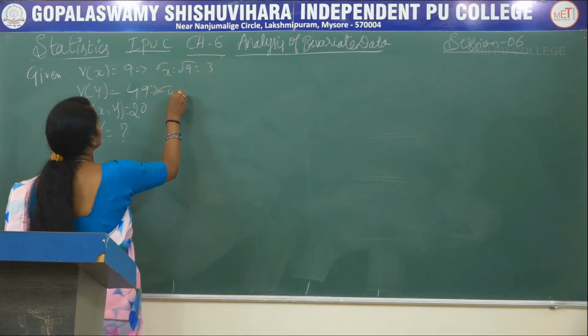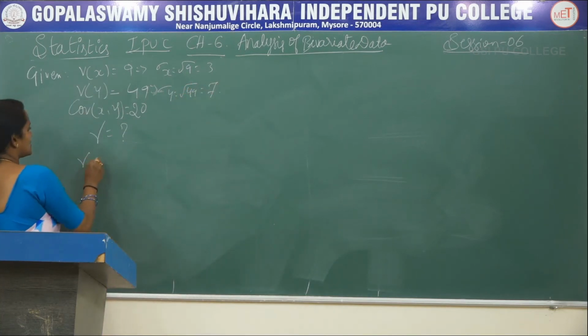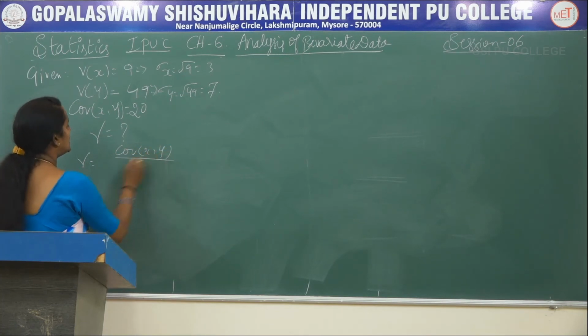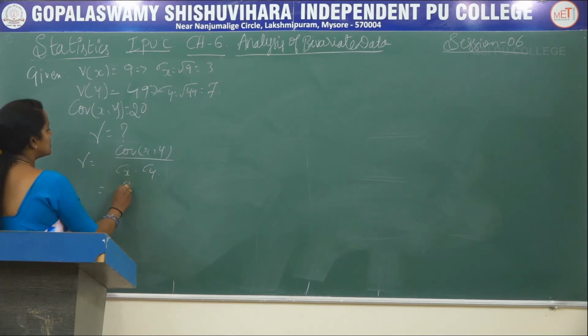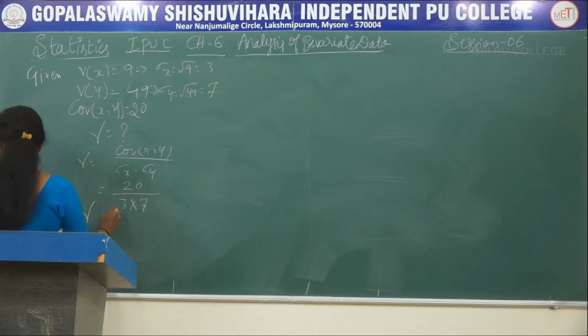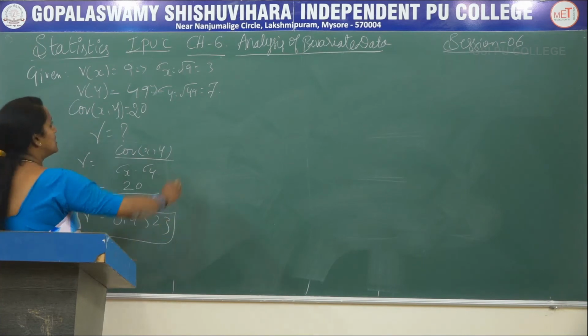Similarly, sigma y is root 49, it is 7. Next, r is equal to covariance of x comma y divided by sigma x into sigma y. Substitute the values, 23 divided by 3 into 7. So r is equal to 0.9523.